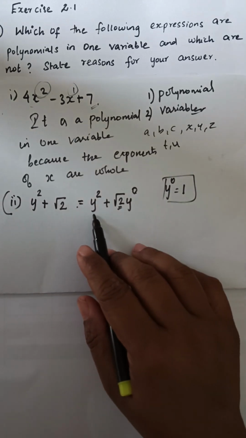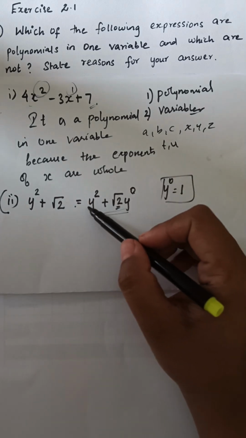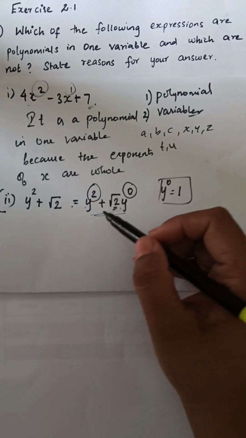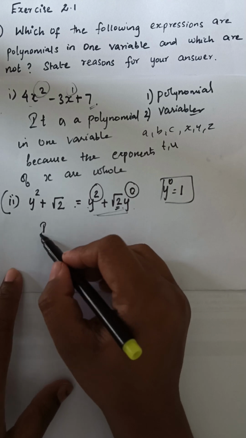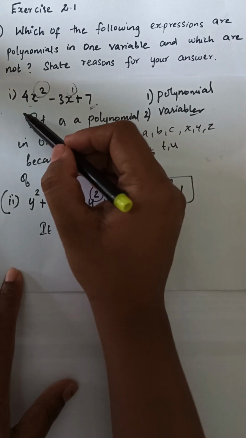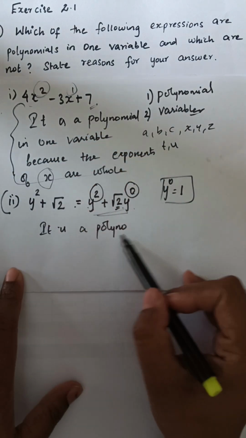So by seeing this you can know this is a polynomial in one variable, because of course this is a polynomial. See the power, it's a whole number, and check the variable, there is only y. So we can write it is a polynomial in one variable. The same reason. You should write the same thing but instead of x just write y.